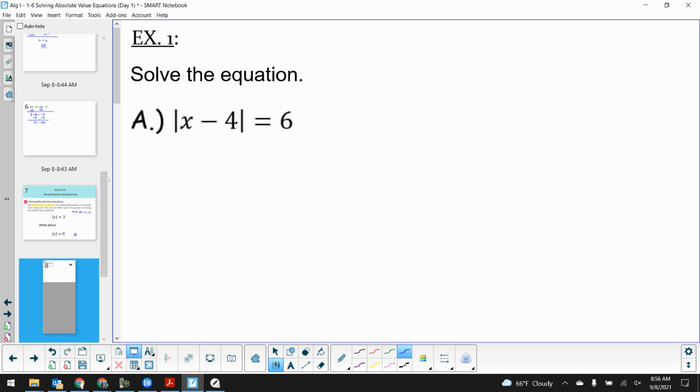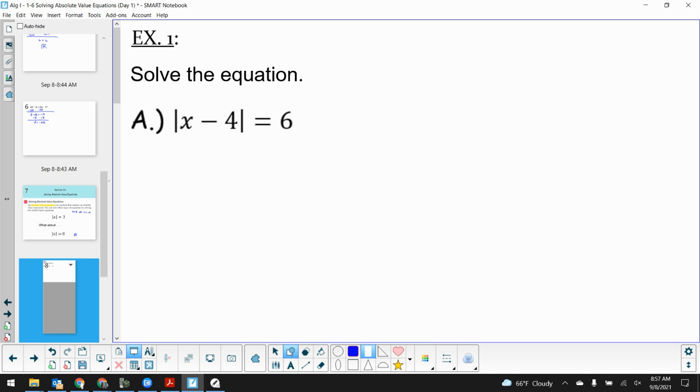All right, so let's take a look at our first example here. This is the first one on your pages, so this is where I want you to start writing down. The absolute value of x minus 4 is equal to 6. Now, we said that we're going to have two different solutions. It's not always going to be the exact same number, like 3 and negative 3. So how do we create our two equations? Well, let me ask you this.